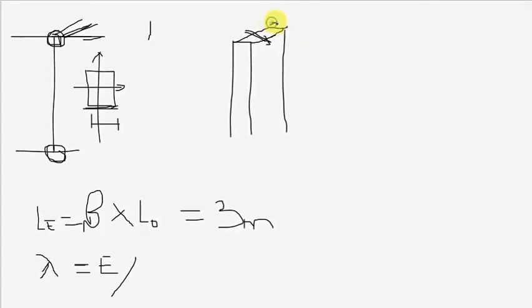But if it is bending in this direction, this large depth is responsible for bending. That is simply what I mean. So if it is bending in this direction, then the smaller dimension is responsible for that.